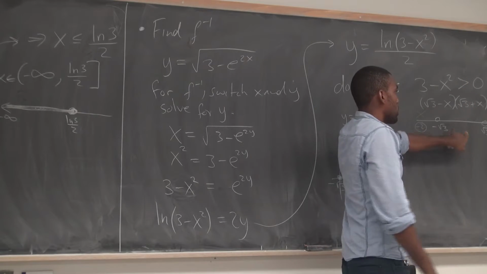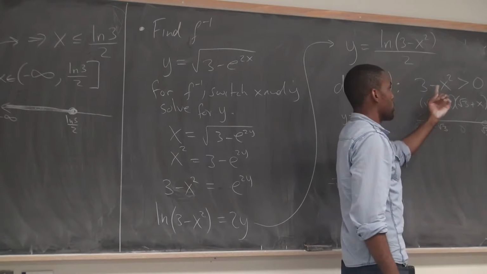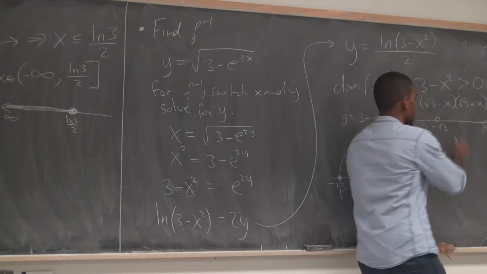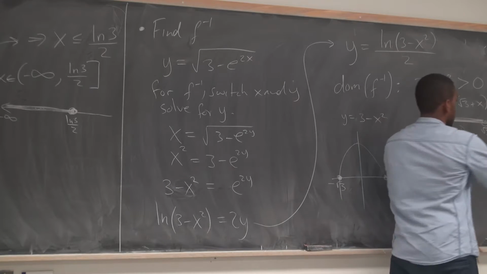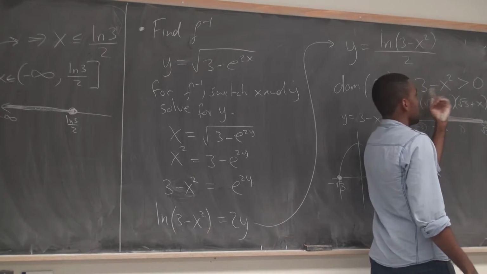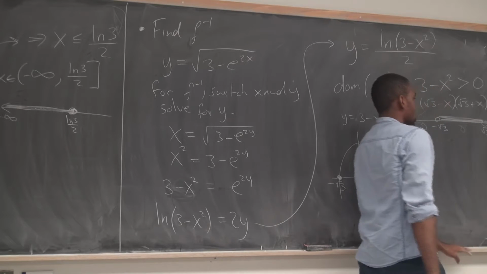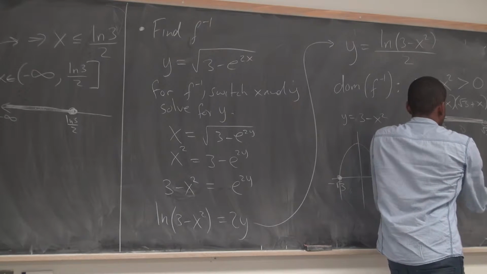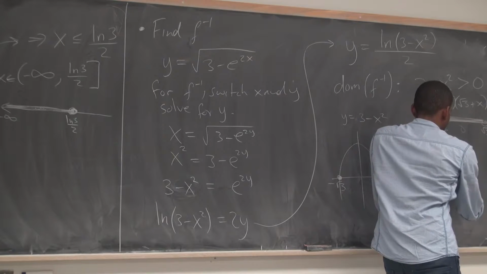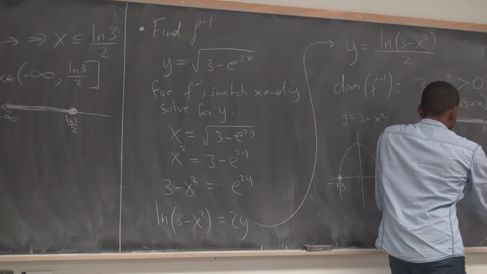Plug in 0: 3 minus 0 is greater than 0, so the middle works. Plug in 2, again it won't work. So the domain of f inverse is from minus radical 3 to radical 3, non-inclusive.